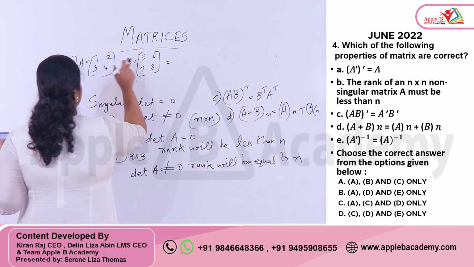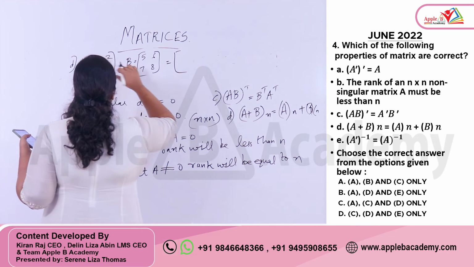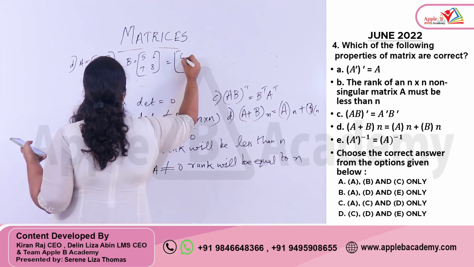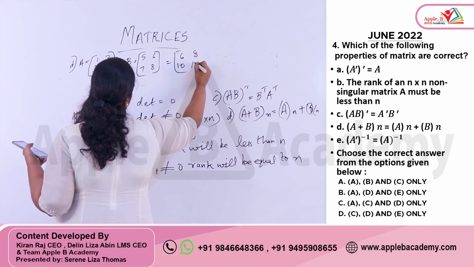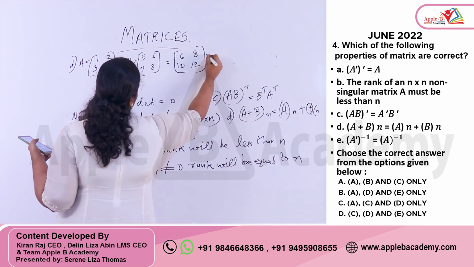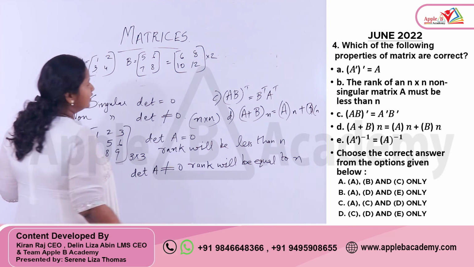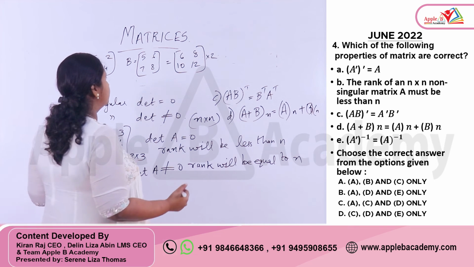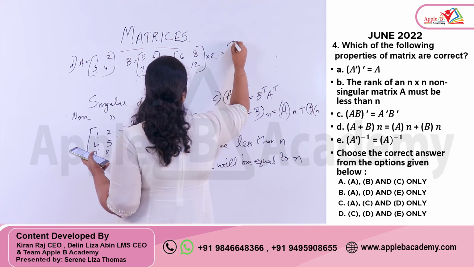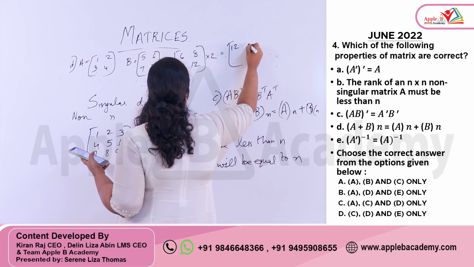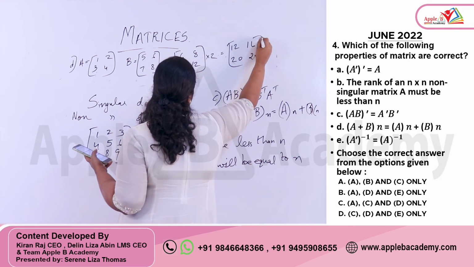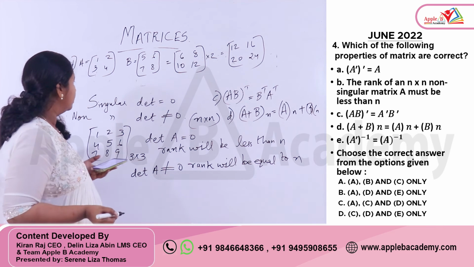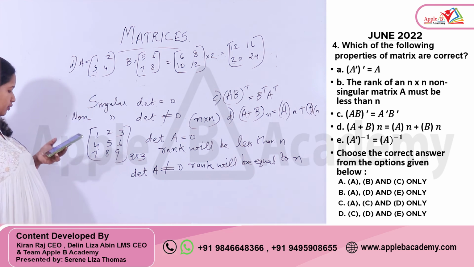We need to add these two matrices, that is 5 plus 1, 6 plus 2, 7 plus 3, 8 plus 4, giving 6, 8, 10, 12. And into 2. Let's say n, you can consider it as 2. So, you get 12, 16, 20, 24.